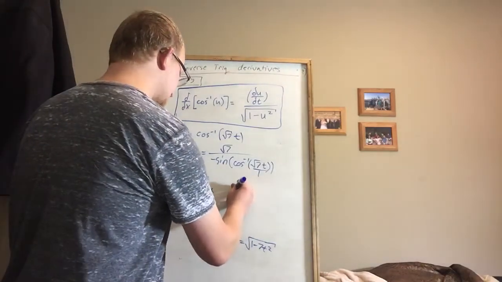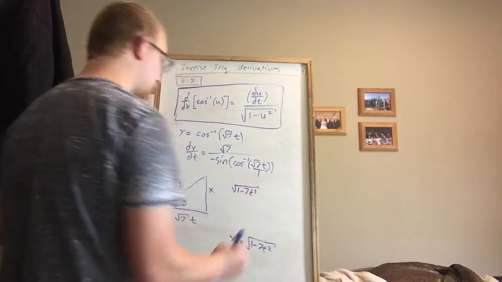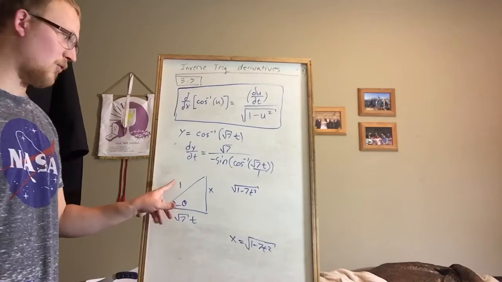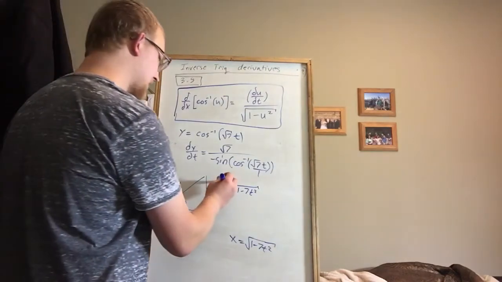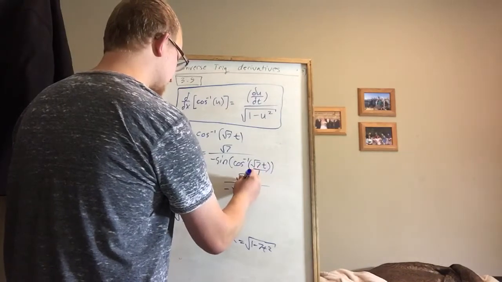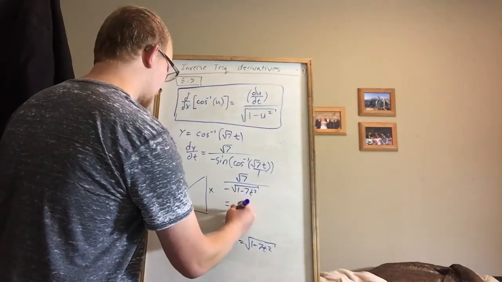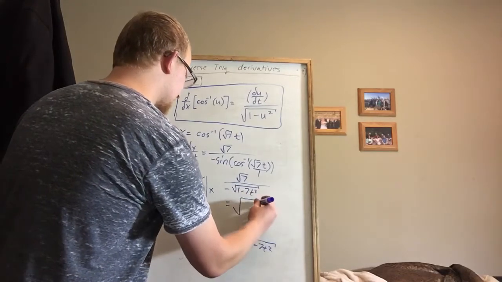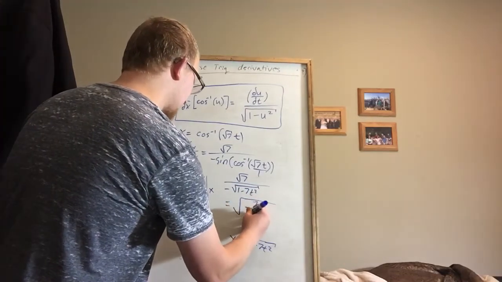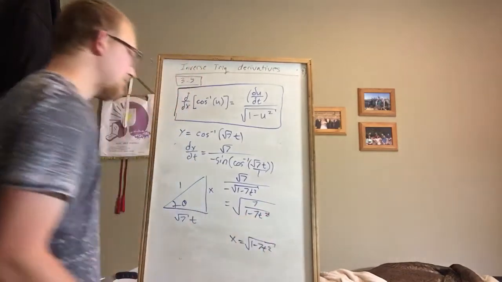So we've got the square root of 1 minus 7t squared over the hypotenuse, which is nothing but 1, so we're just dividing by 1. We still have a negative out in front here, and there's still a root 7 up here. Then we can simplify it down, all under one root: the square root of 7 divided by the square root of 1 minus 7t squared.